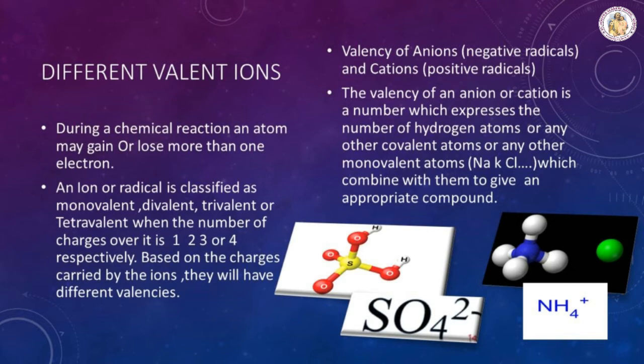So, the valency of the sulfate ion SO4 2 minus is 2. One chlorine atom combines with one ammonium ion NH4 plus to form ammonium chloride NH4Cl. So, the valency of NH4 plus is 1.